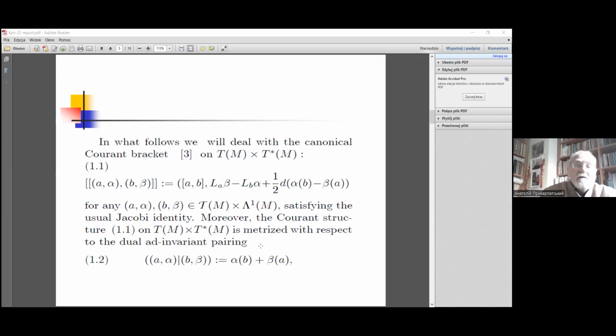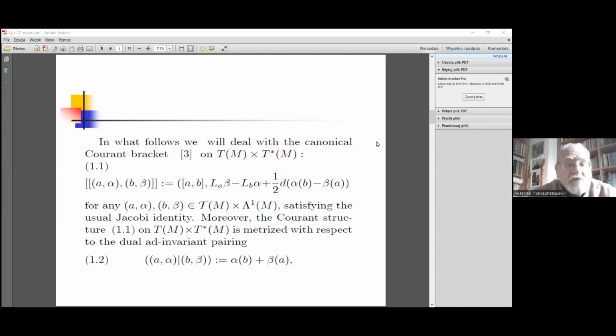So in what follows below, I will deal with a special structure of this algebroid, which was invented by Courant. It is defined on the product of tangent and cotangent spaces on the manifold M, by means of the following Courant bracket.